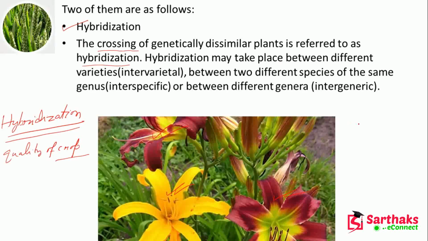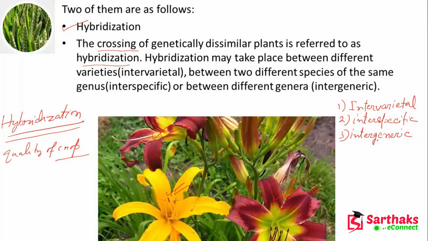First case, that is the intervarietal. Second case, that is the interspecific, and the third case, that is the intergeneric.